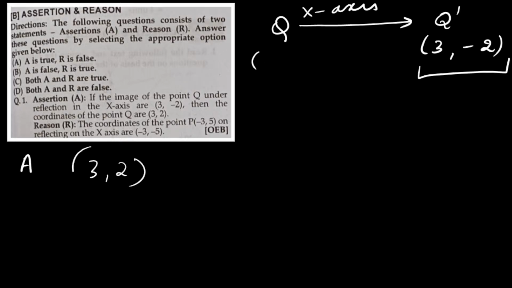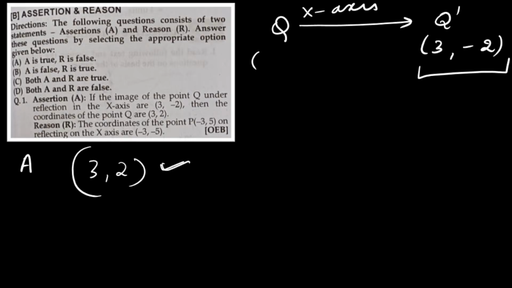So what's given to us? The coordinates of the image are given to us: 3, comma, minus 2. Then they are telling that if these are the coordinates of the image, then Q's coordinates should be 3, comma, 2.